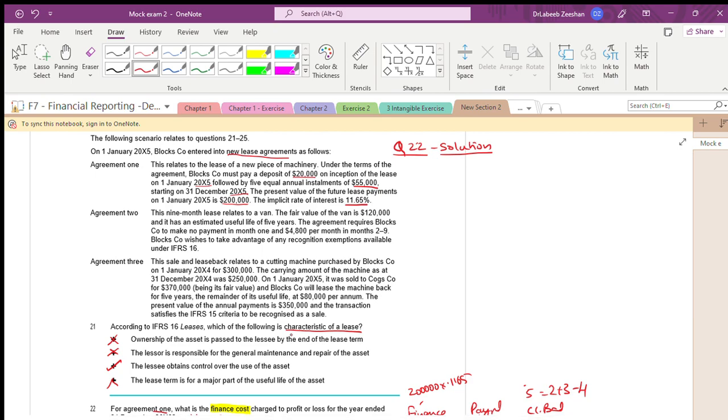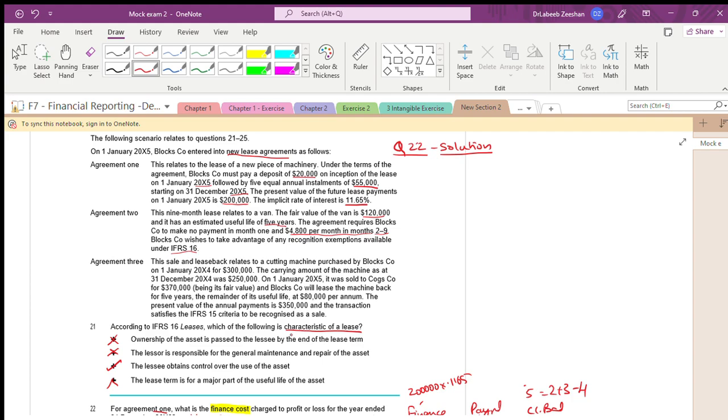The fair value of the van is 120 and the estimated life is 5 years. The agreement requires Block's company to make no payment in month 1 and 4,800 per month in months 2 to 9. Block wishes to take advantage of any recognition exemptions available under IFRS 16.